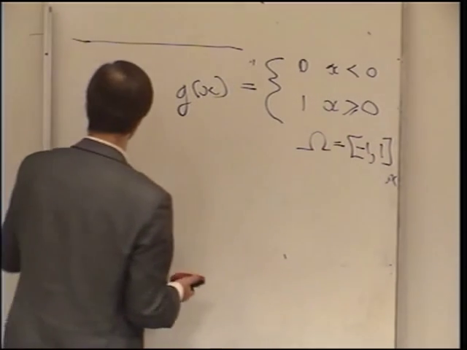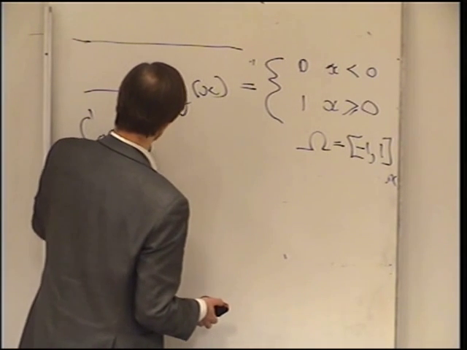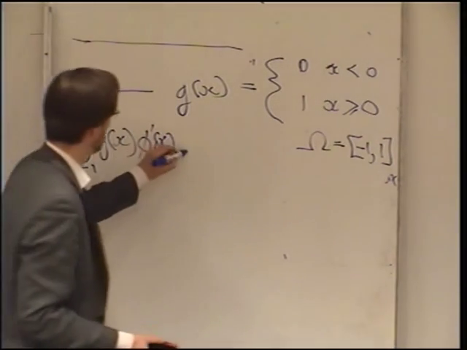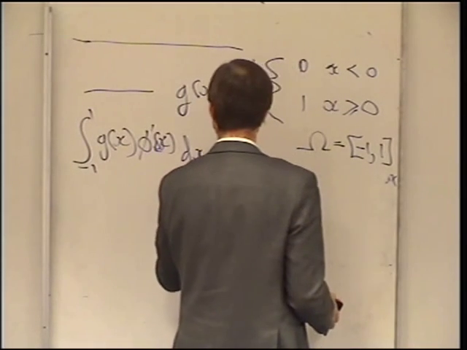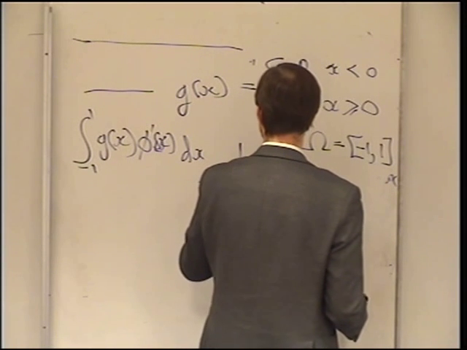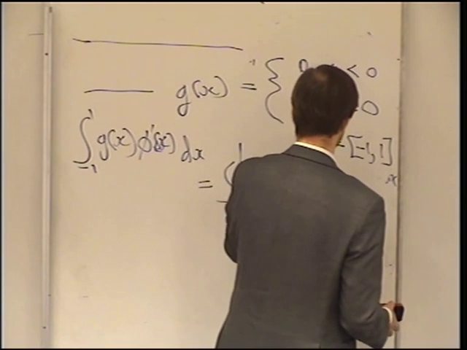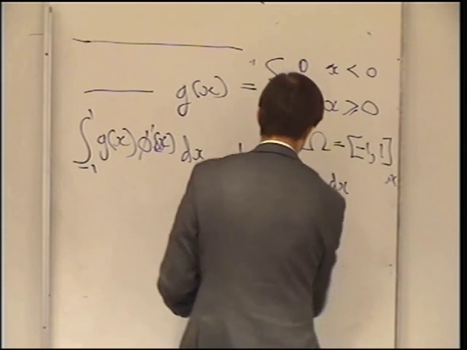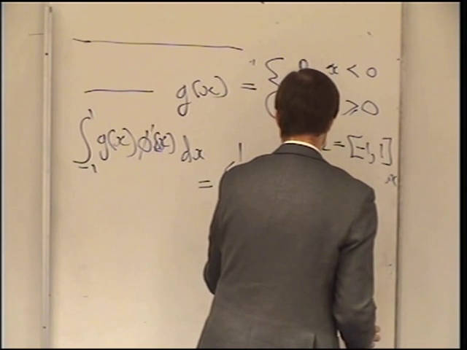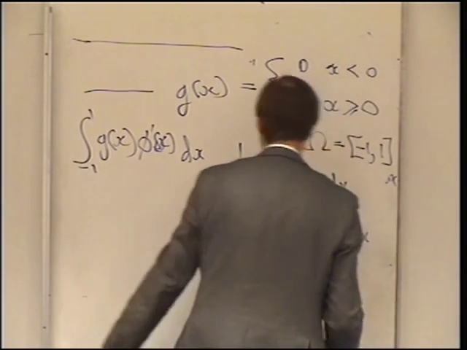We're going to say the integral from -1 to 1 of g of x times the derivative of our test function, which we're allowed to do because our test function is infinitely well behaved, dx, that's just equal to the integral from 0 to 1 of phi prime of x dx plus the integral from -1 to 0 of 0 times phi prime of x dx.